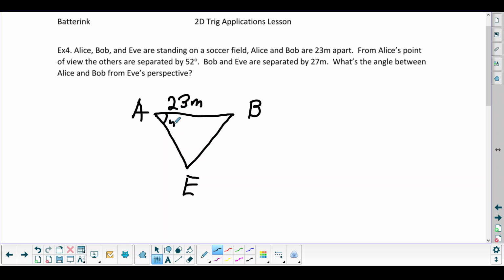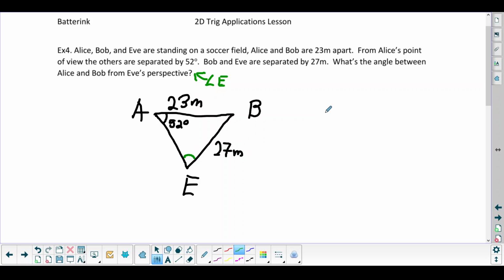These two are separated by 52 degrees. Bob and Eve are separated by 27 meters. So what's the angle between Alice and Bob from Eve's perspective? So it's asking us to find the angle E. So maybe we'll just write that's angle E.